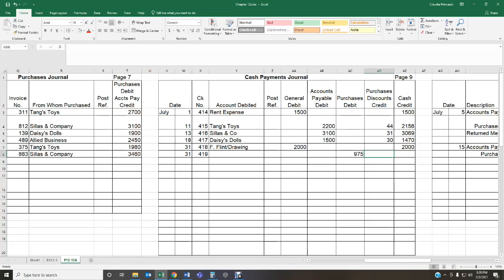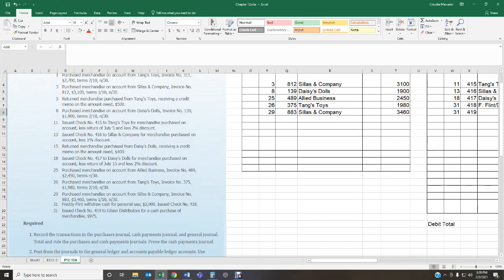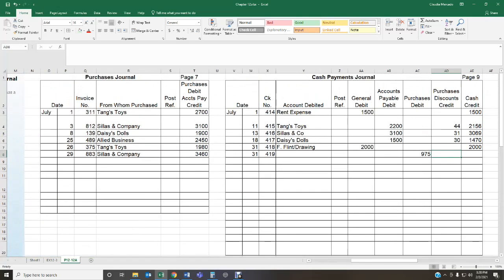And then because we paid, it says here, we issued check number 419 for a cash purchase of merchandise. Okay, so cash purchase, we are paying cash, so it's going to be a cash payments journal. So we've got the $975, and then we're going to put that under the cash credit of $975. Okay, we are making a payment of $975. Your cash is decreasing. Okay.